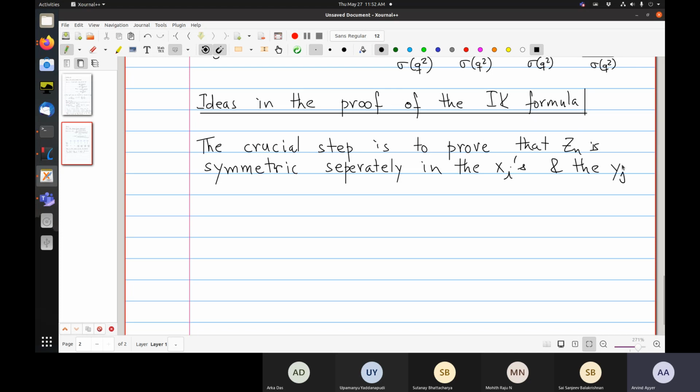So that's really the non-trivial aspect of this proof, and so I want to prove this, and so we will prove this for the xi's.